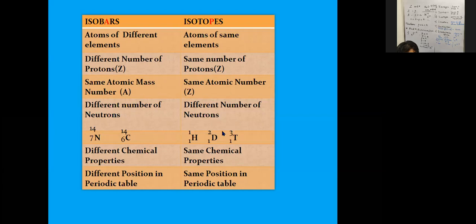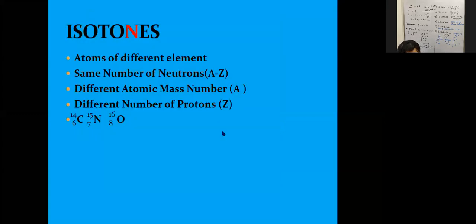Is it done? Is it done? Give the next heading as isotones. Isotones, underline N over there.